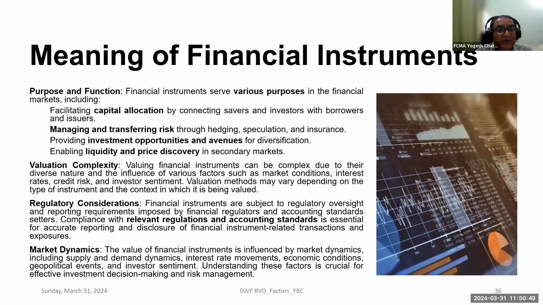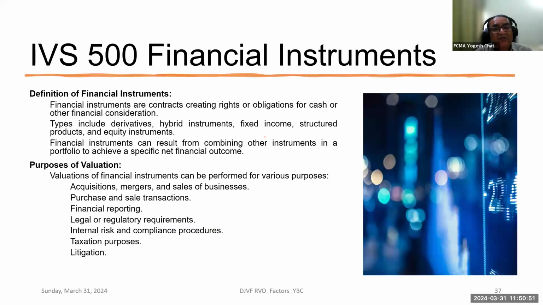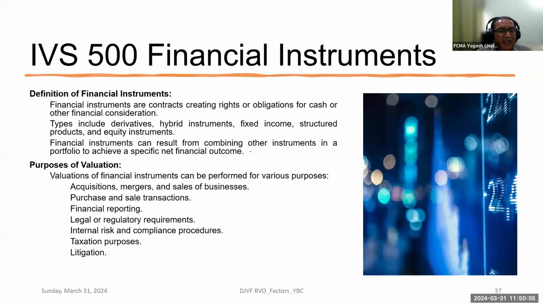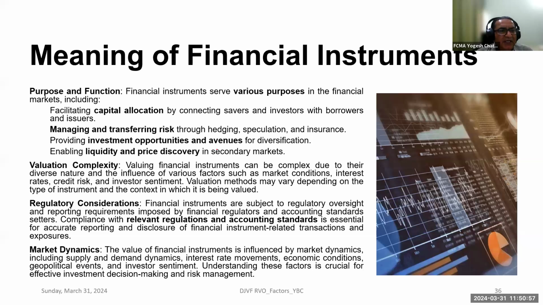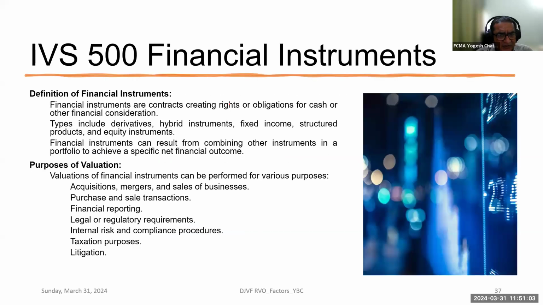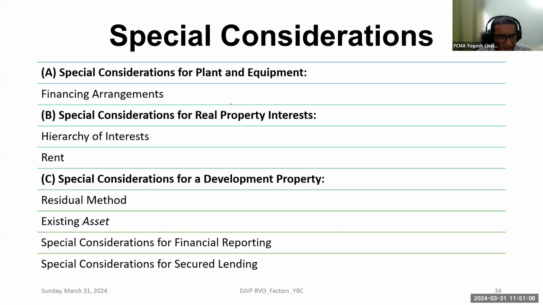So IVS 500. That is on financial instruments, and as I informed, that is completely rewritten. So what is the meaning of financial instrument? We all are aware about that, but in brief I have covered it here.